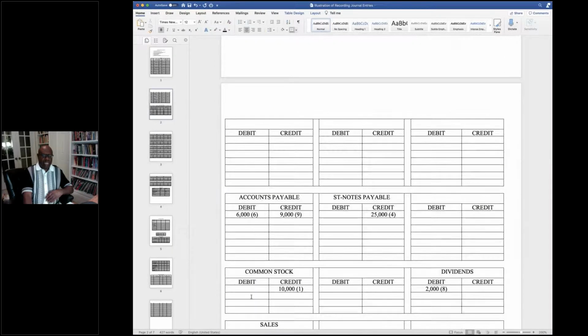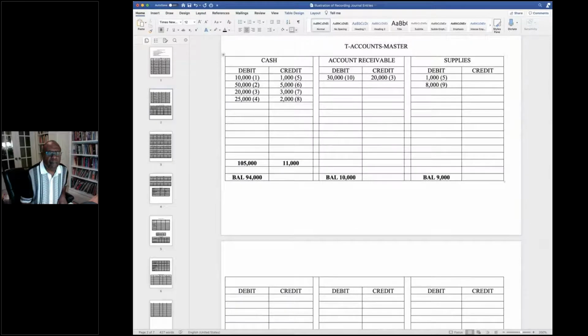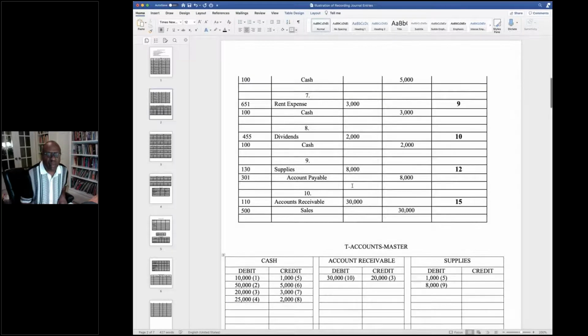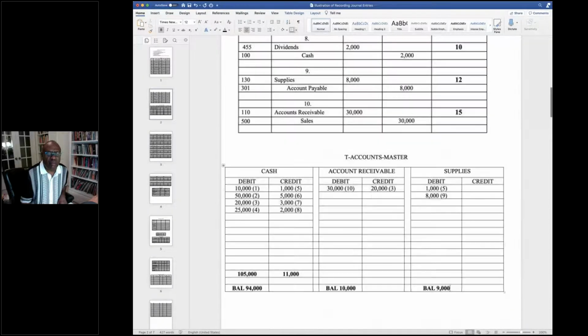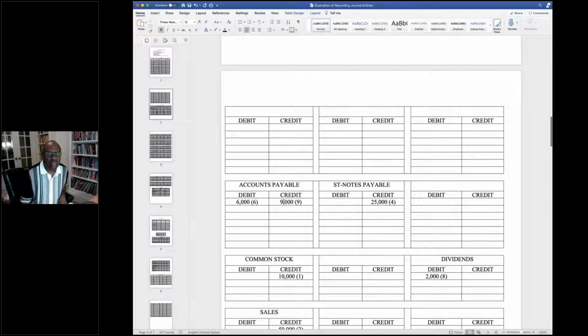And they were all debit balance, which we said assets should have a debit balance. Now, when we go to the liabilities, we want to end up with a credit balance. So accounts payable on the debit side was 6, on the credit side was 9. Wait a minute, let's see. That payment was actually $8,000.